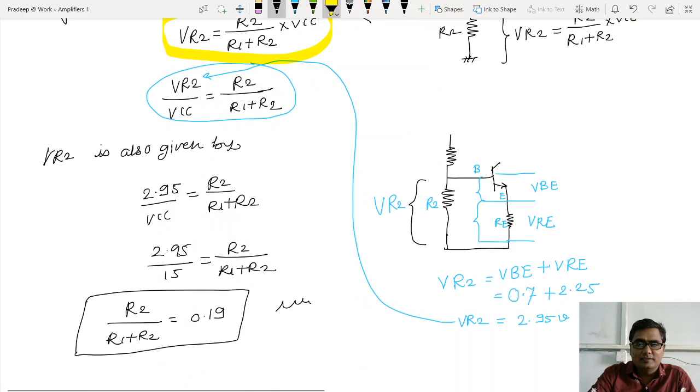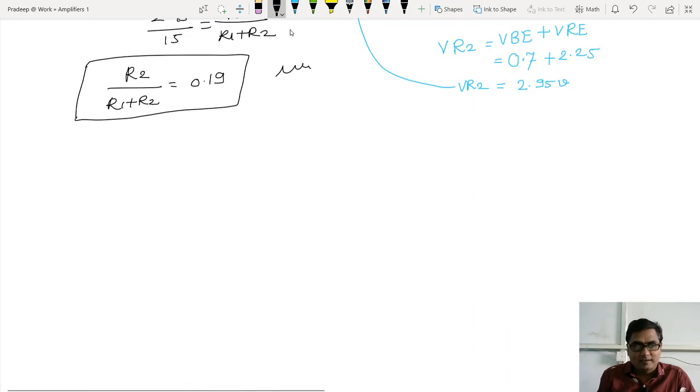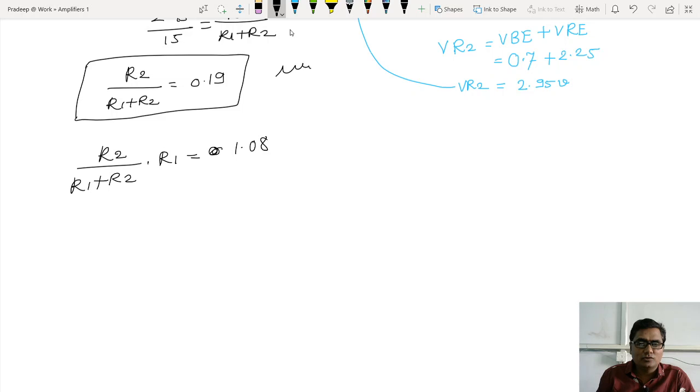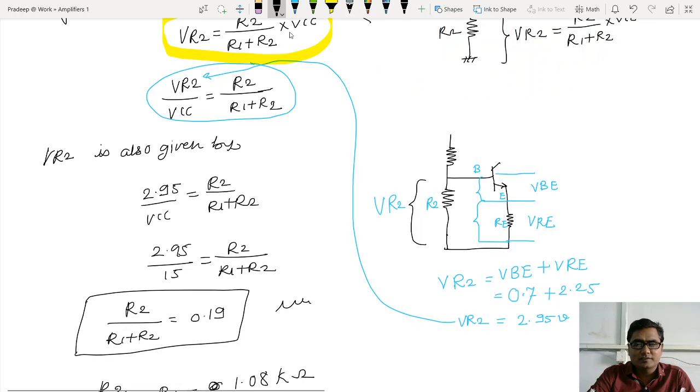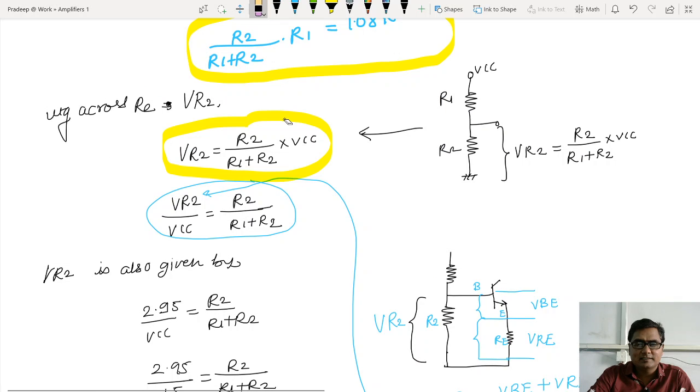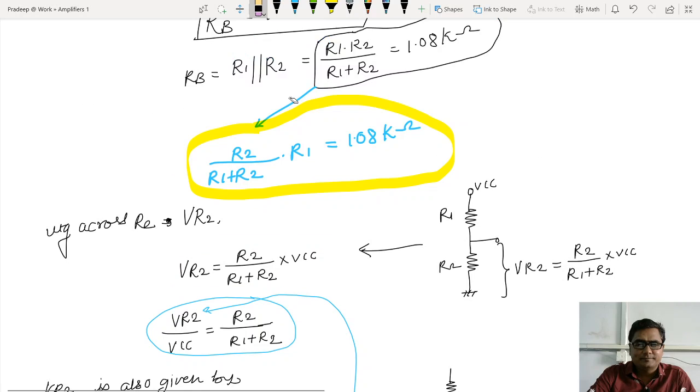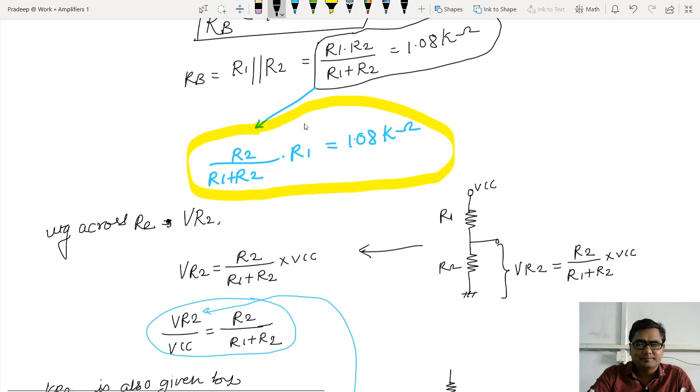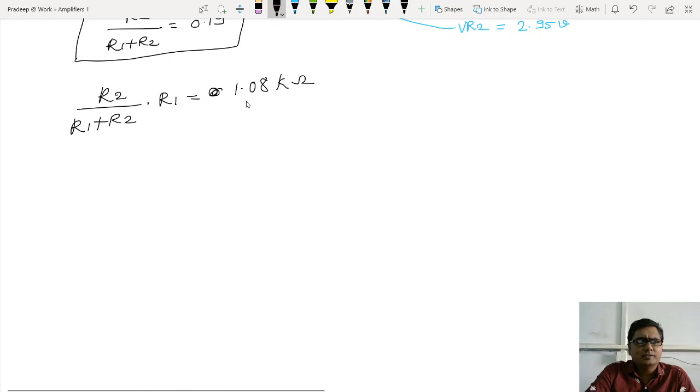Let me rewrite the equation: R2 divided by R1 plus R2, multiplied by R1, is equal to 1.08 kilo ohm. That's what I have written.